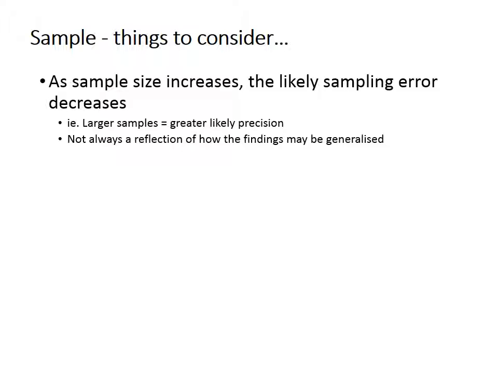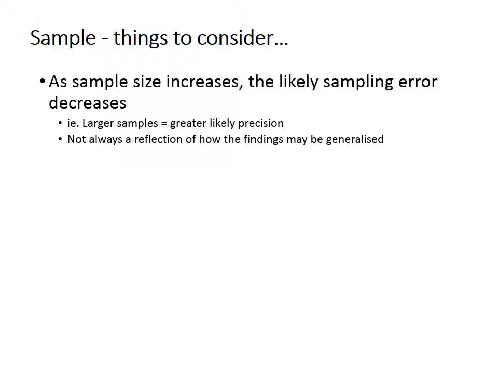With 2 individuals, each individual has a 50% significance. If you have 4 individuals, 25%. So the larger the sample, the lower any errors are. So larger samples, generally higher levels of precision.